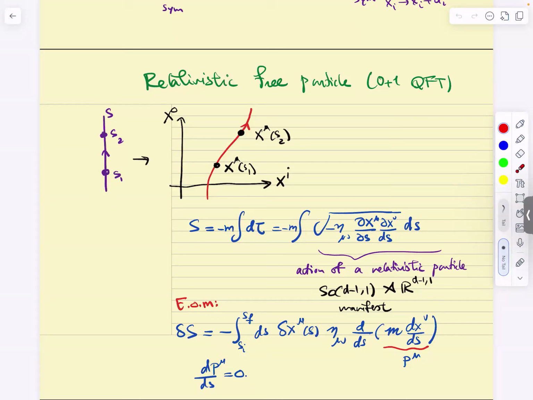Good. Now, in comparison with what we just did, it seems like I have some redundancies, right? In the previous example, when I got a non-relativistic particle out of this, I only had x^i's. Like, say, if I'm in 3 plus 1 dimensions, I only had 3 fields.